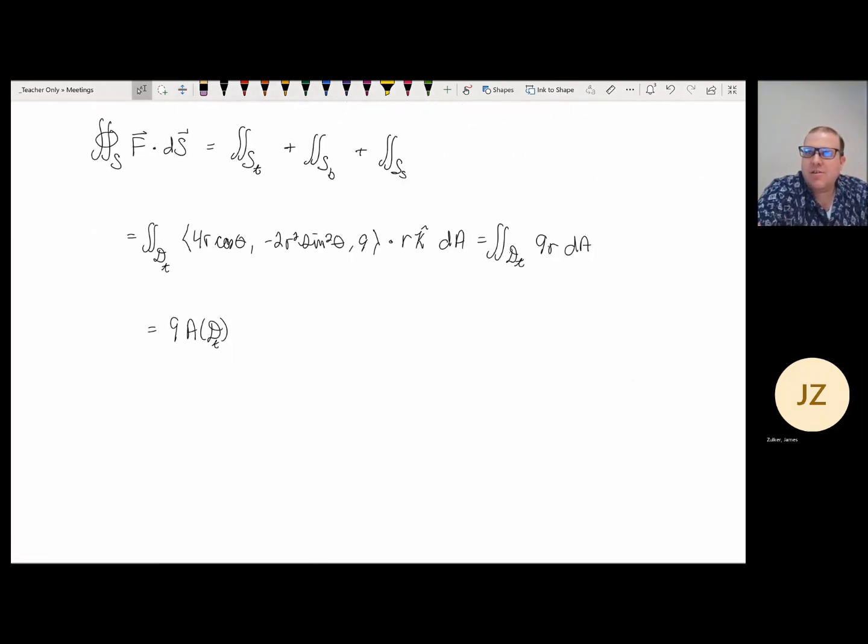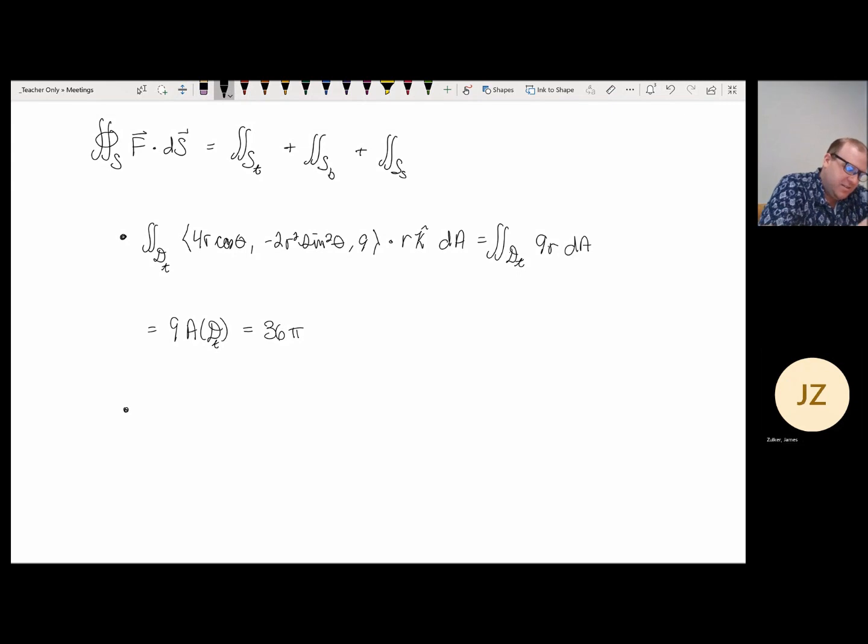So it has area of 4 pi times that by 9. Oh, I only did one of them. Oops. Then I'm just going to do this. All right, so that was for the top surface.